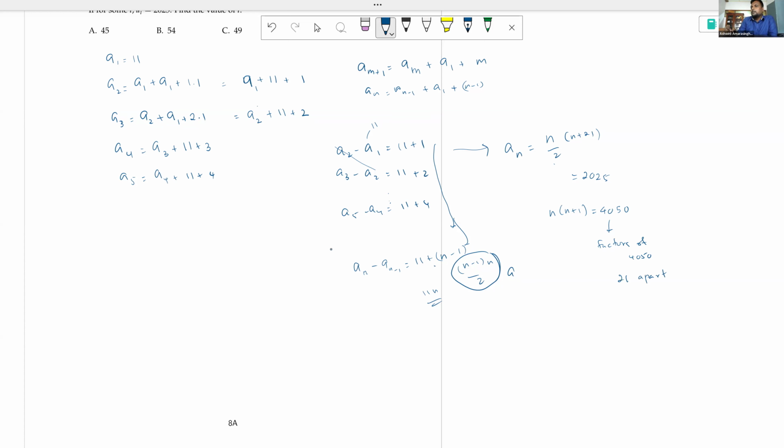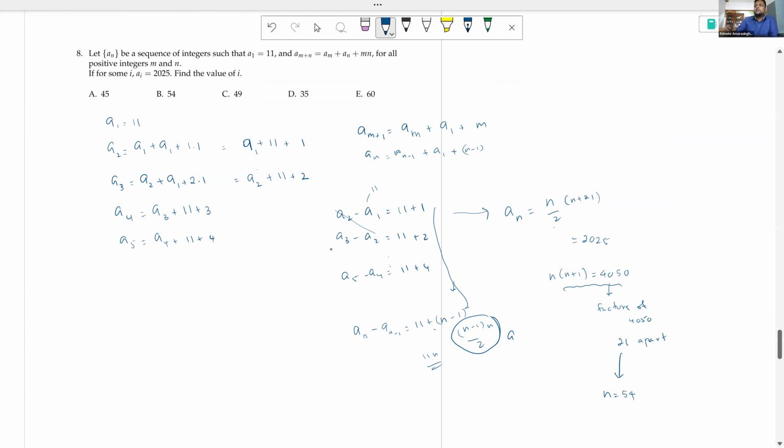Or you can solve the quadratic equation. You get n equals 54, because you have 54 times 75. 54 times 75 equals 4050. So that is 54.